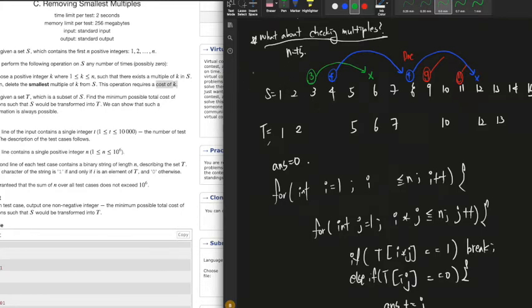We start with multiples. We only focus on multiples. So I'm going to make an example here. So n is equal to 15. So S has 15 members, and T has 1, 2, 5, 6, 7, 10, 12, 13.